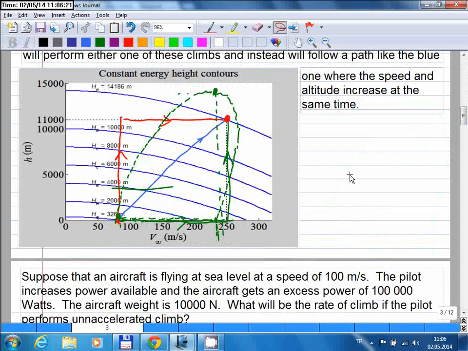It will most probably be something like this. For example, you cannot really climb to 11 kilometers by keeping your speed constant at the initial speed, because you'll be out of this flight envelope. Or you cannot really do this path either, because you cannot reach this speed at zero altitude, because it will be higher than the maximum speed of that altitude. So you have to always stay within this envelope.